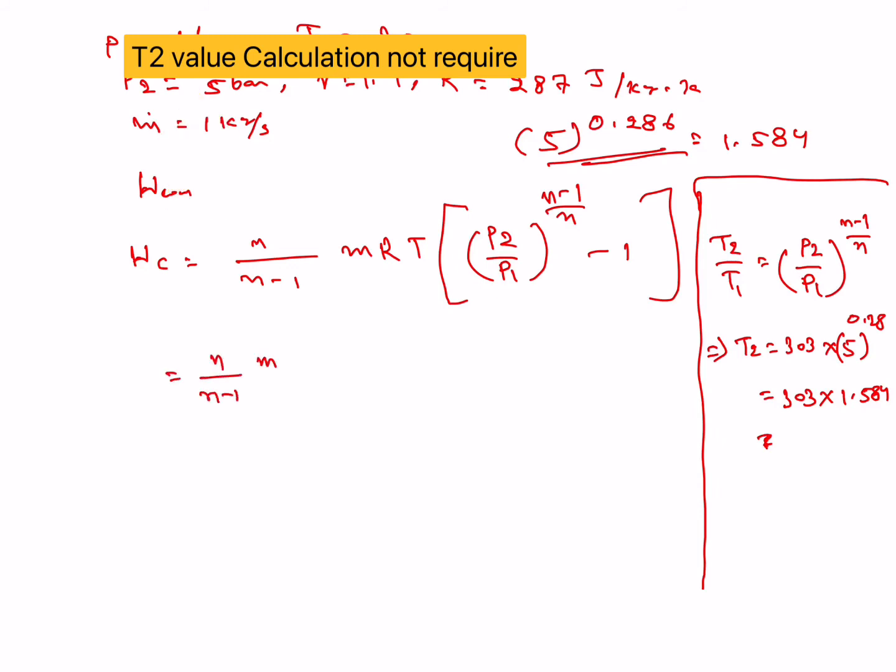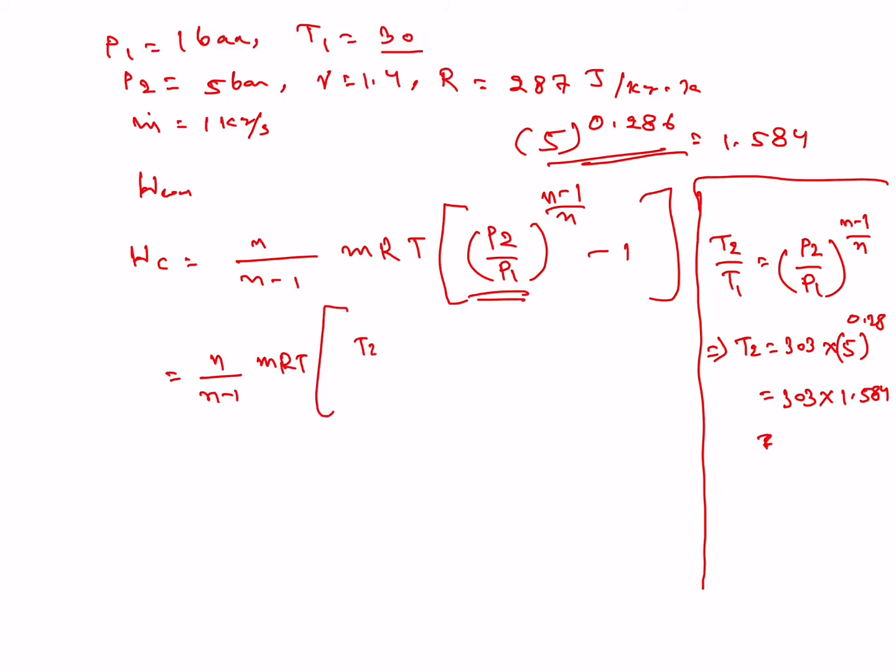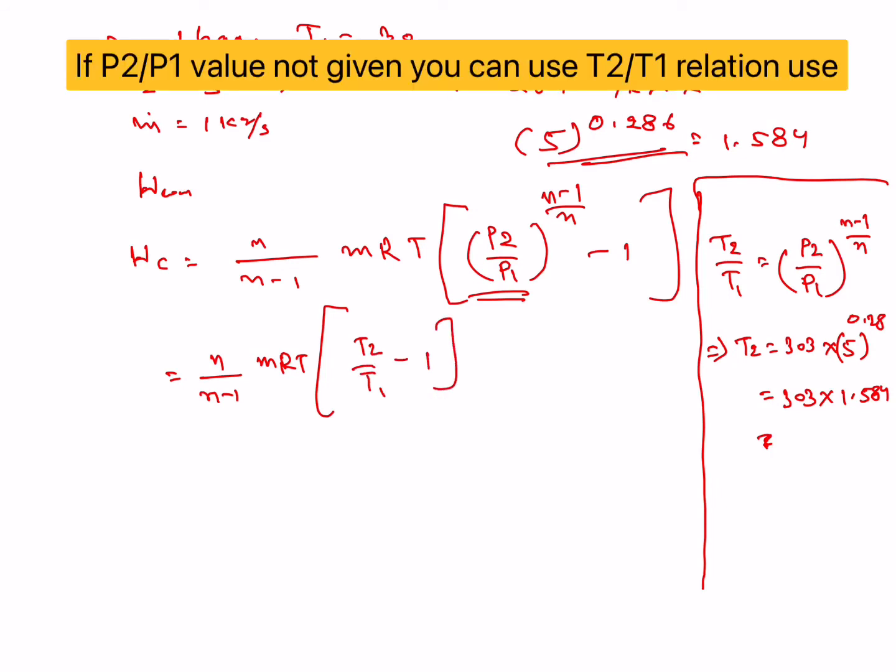Then n by n minus 1 MRT, instead of P2 by P1 we will write T2 by T1 minus 1.